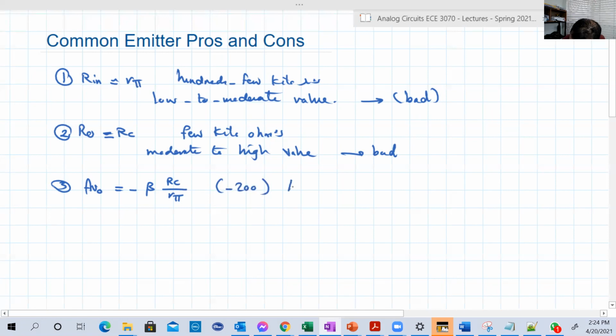It's basically tens to hundreds, which is good. That's basically the most important advantage of common emitter amplifier. It usually has very high amplification. That's really good. That's the basic advantage.